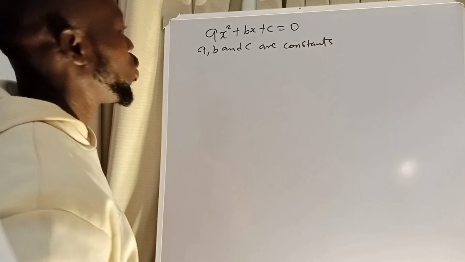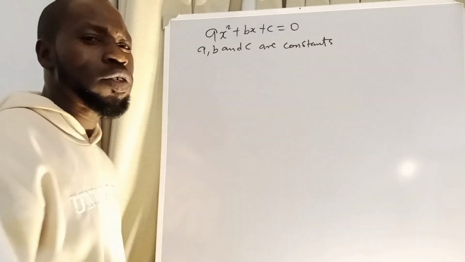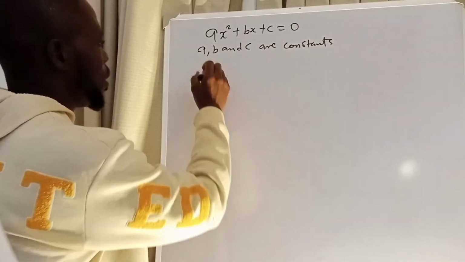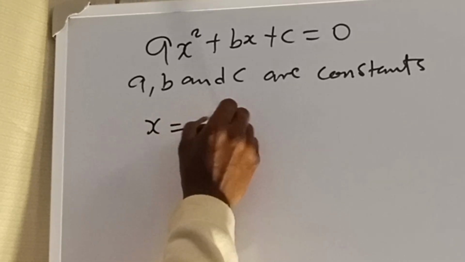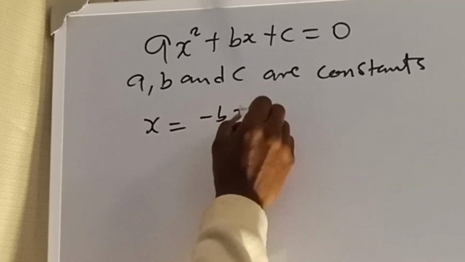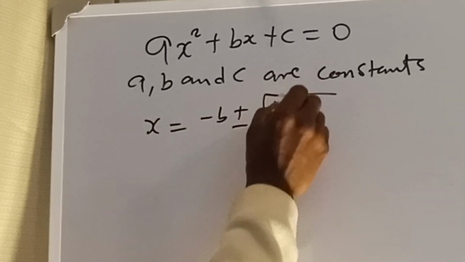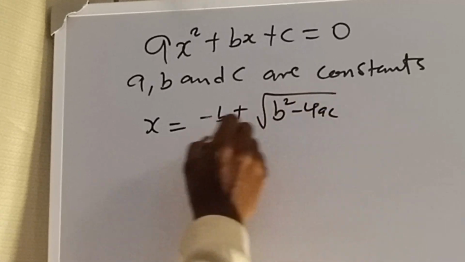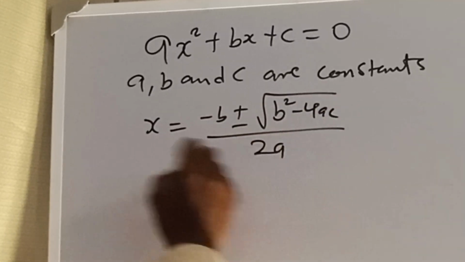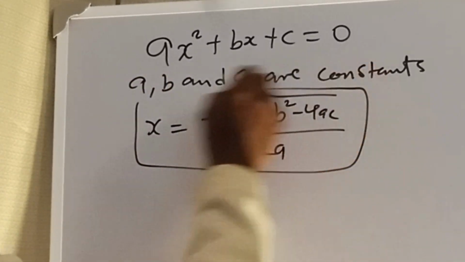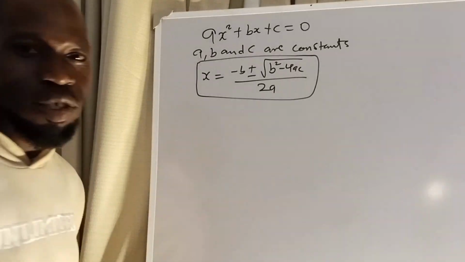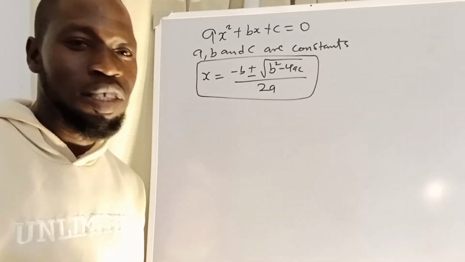Alright, so the general formula for solving quadratic equation is x is equal to minus b plus or minus square root of b squared minus 4ac all over 2a. But how did we come about this formula? That's the essence of this class, this moment.